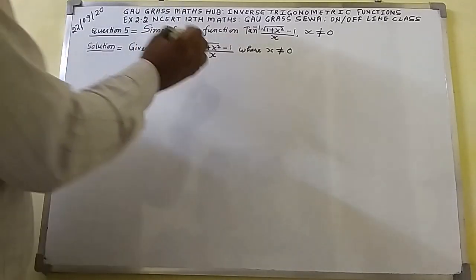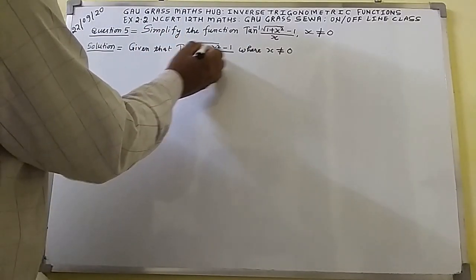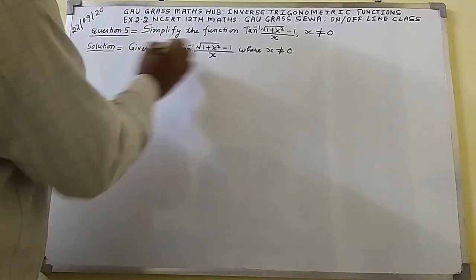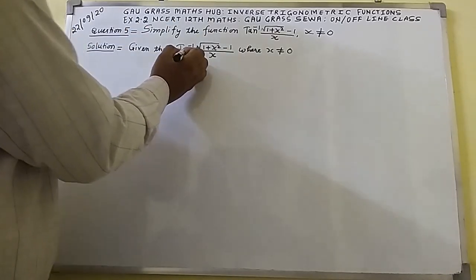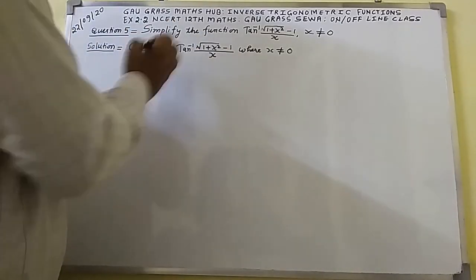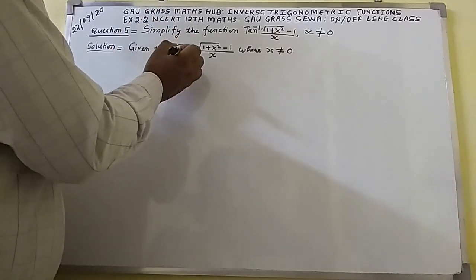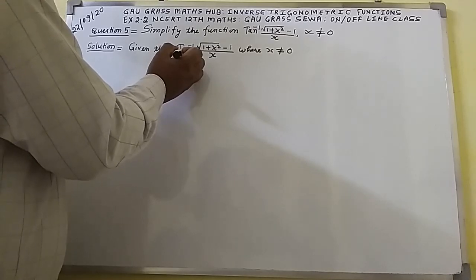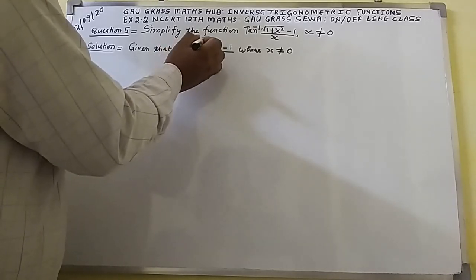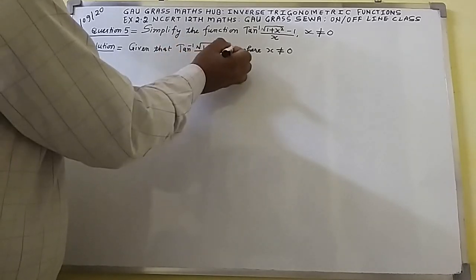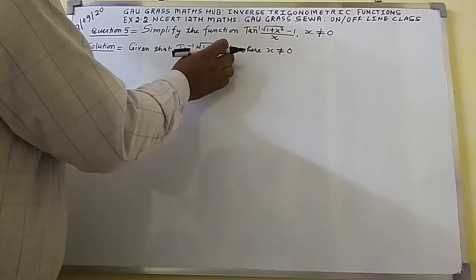Here you can see under root 1 plus x square is given. Here the function is in the form of tan inverse. In this case, where the function is in the form of tan inverse, you have to take the function in the form of tan.